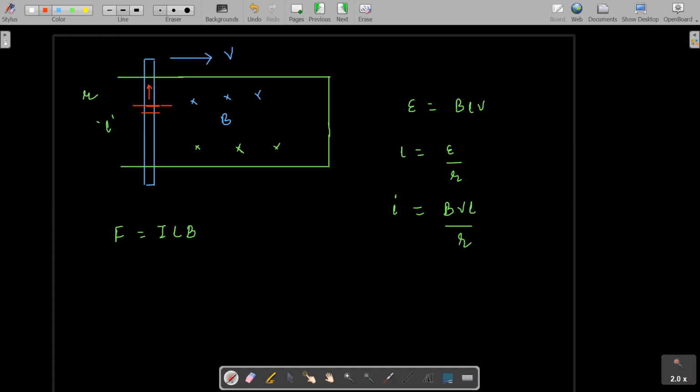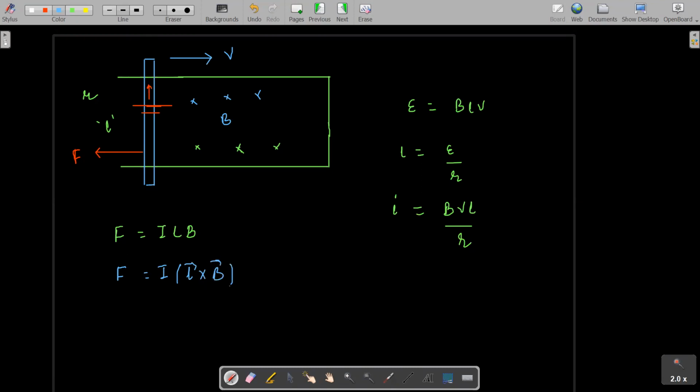So for I L cross B, L is upward, and L cross B gives the direction of force acting on this rod. You can calculate it using the cross product rule. F is equal to I into L cross B, because current is a scalar quantity.